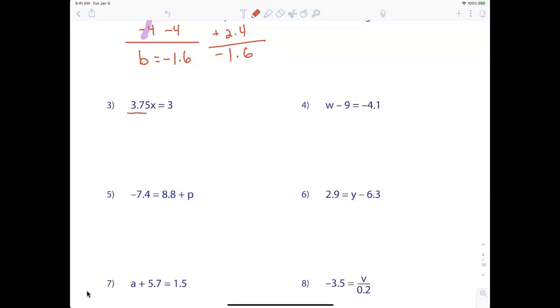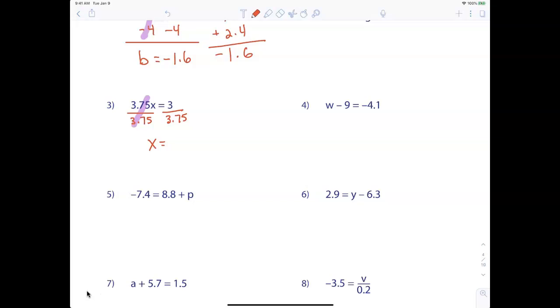We divide. So here we go, we divide both sides by 3.75. These cancel, so you're left with x is equal to 3 divided by 3.75. Personally, I don't really like dividing 3 by 3.75, but we're going to practice just to make sure you remember all of this.